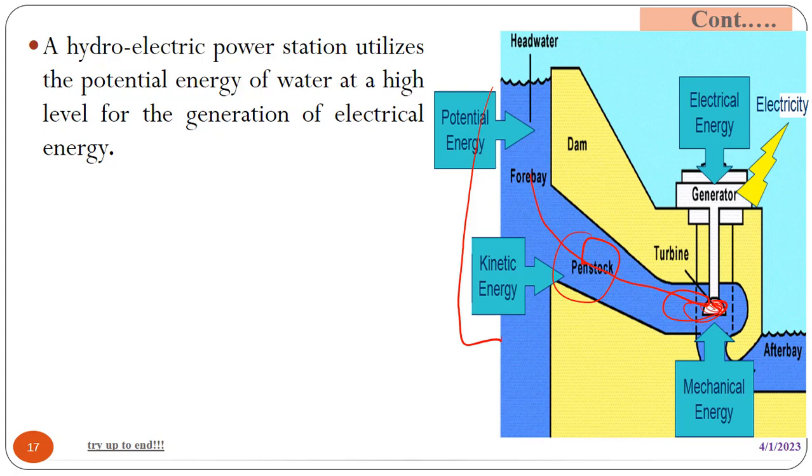The turbine connects to the generator shaft, and the shaft rotates the generator to generate electric power. We need a prime mover, conductor, and magnetic field.